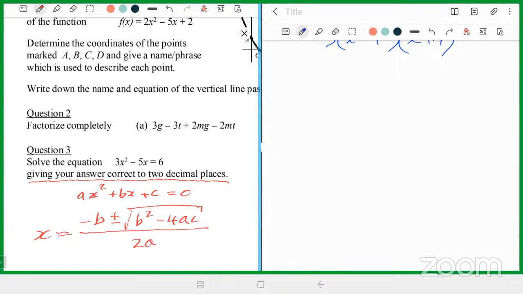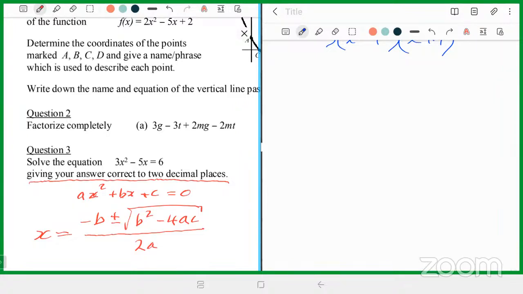Now this all over 2a is very important because a lot of students make the mistake of putting the 2a over here alone and actually square rooting it like that, which is wrong. It is everything over 2a. Remember, this is very important, so ensure that everything there is divided by the 2a. That is the formula when you write it out properly and execute it properly.